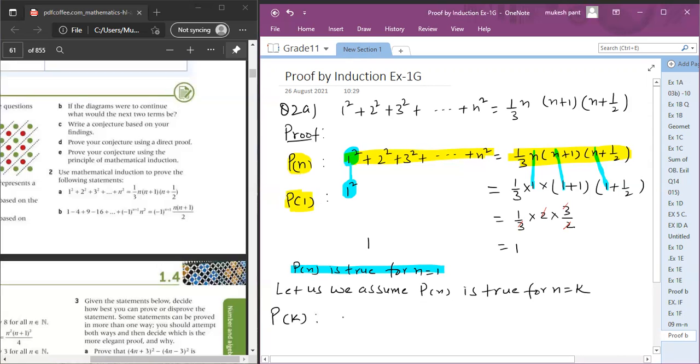So Pk says that square of 1 plus square of 2 and so on plus square of k equals, wherever there is n, I will write k: 1 over 3 k times k plus 1 times k plus 1/2.